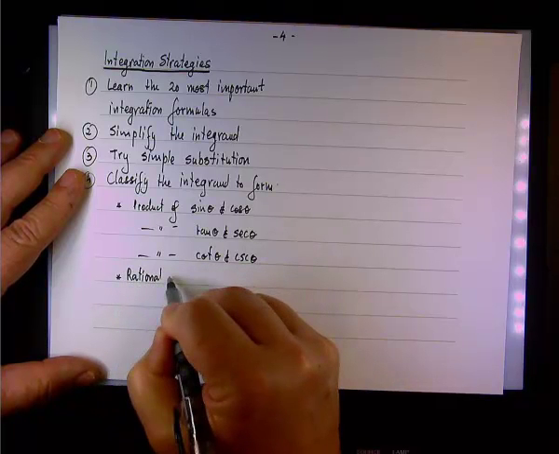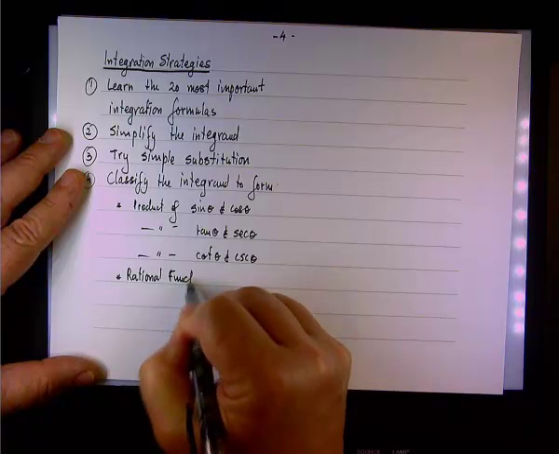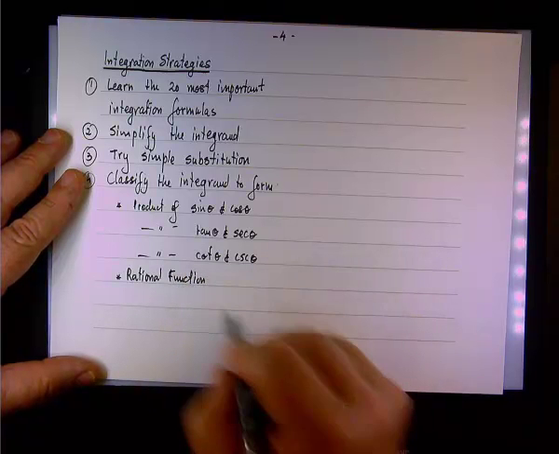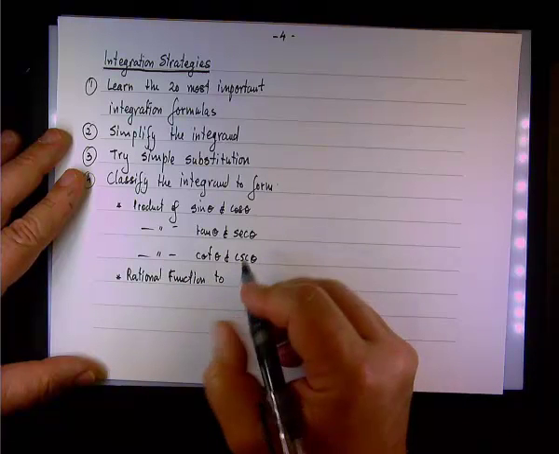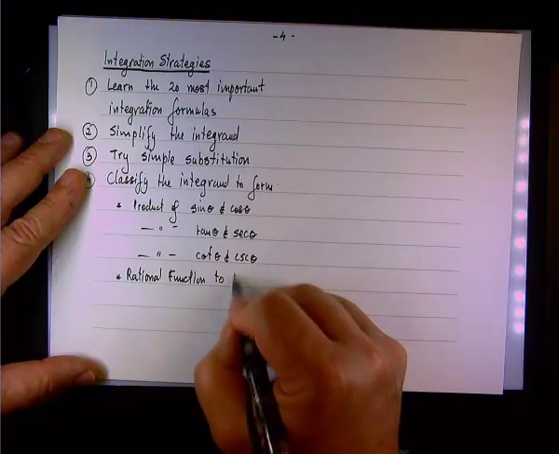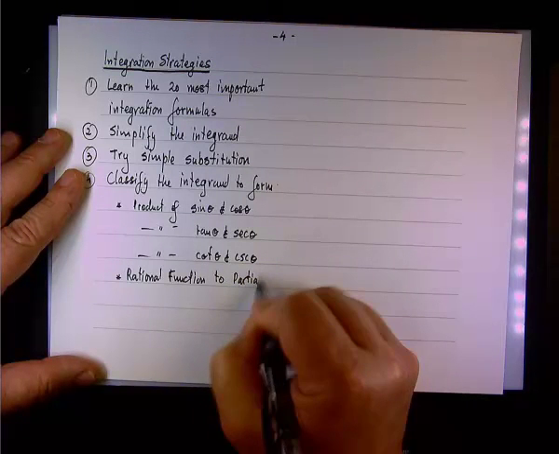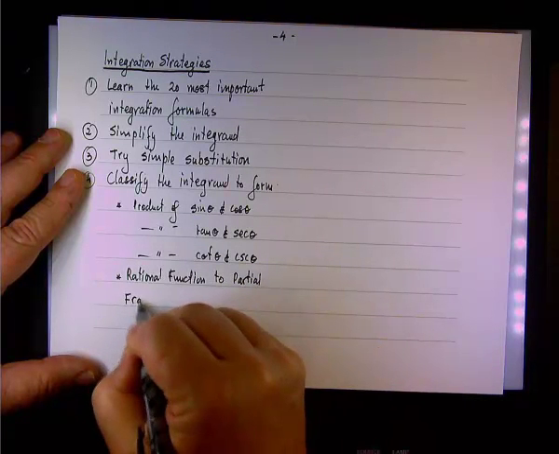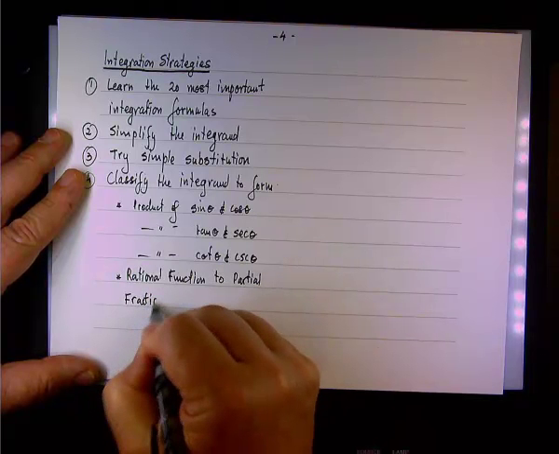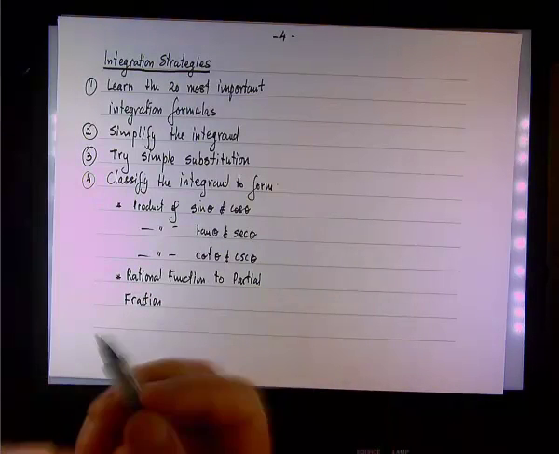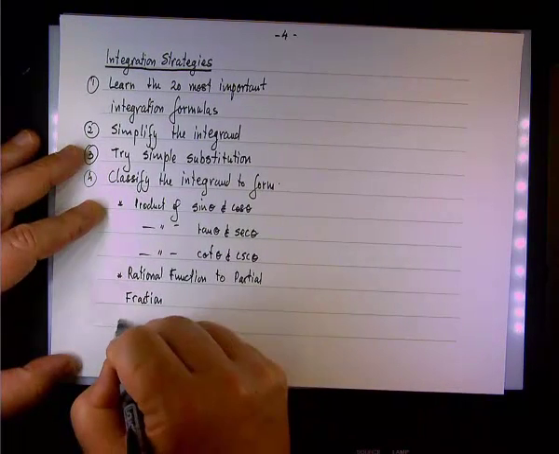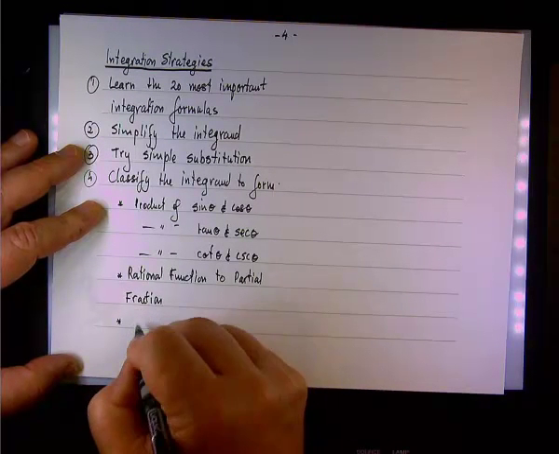Now, another form: if you have a rational function, what do you use? Rational function to partial fractions. Okay.